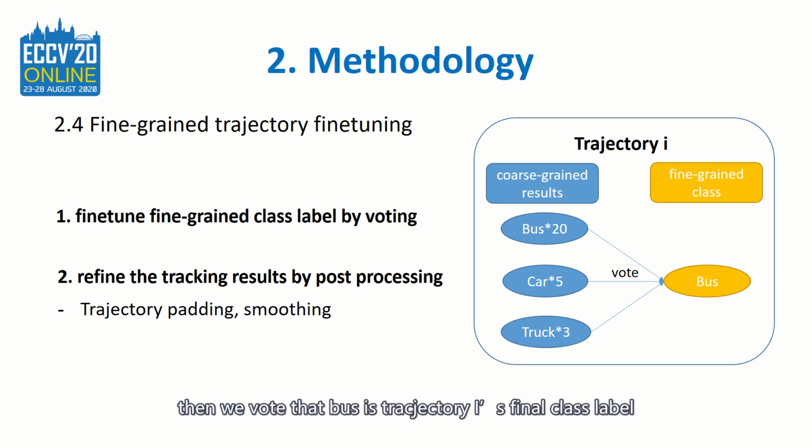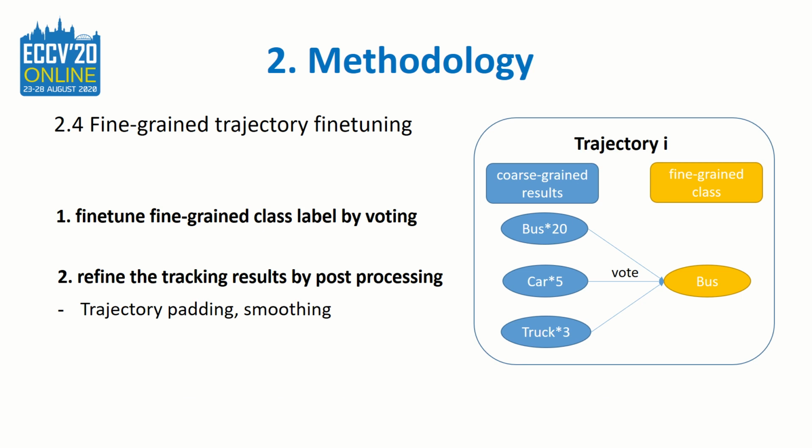Then we vote that bus is trajectory I's final class label. Then we refine the tracking results by post-processing, such as trajectory padding and smoothing.